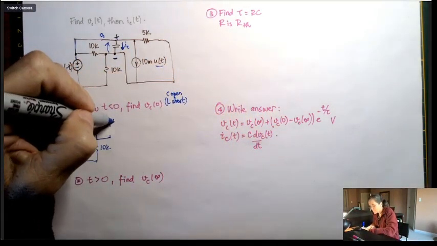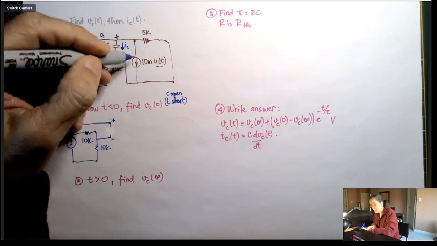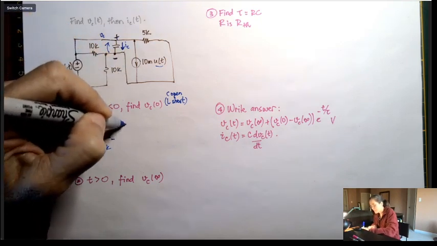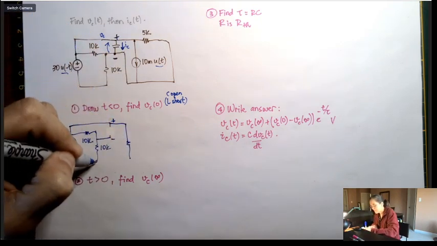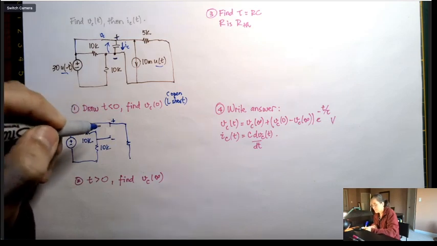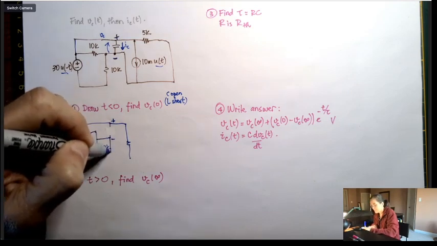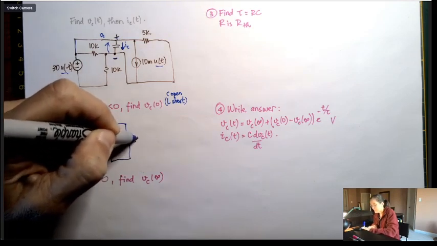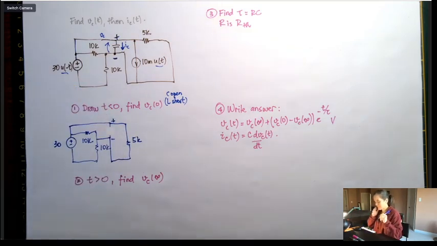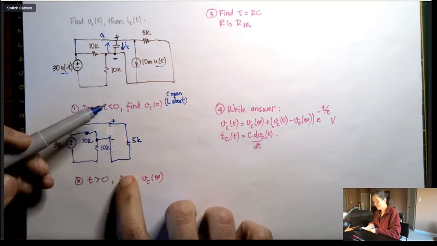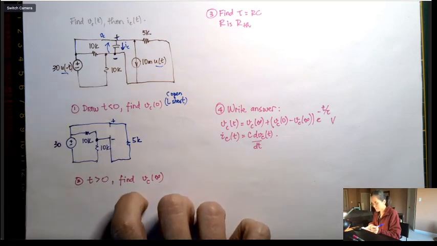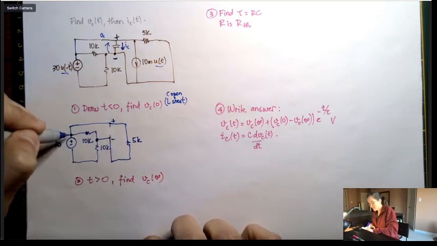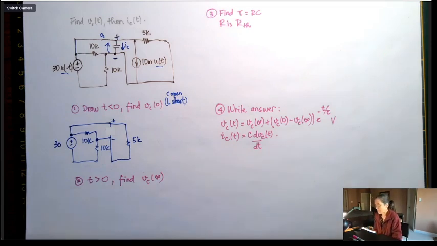So this is the plus and this is the minus. And now the 5K is there. That's a bad drawing. But anyway, the capacitor here is across the 5 kilo ohms. And then there is the 10K and the 30 volts.